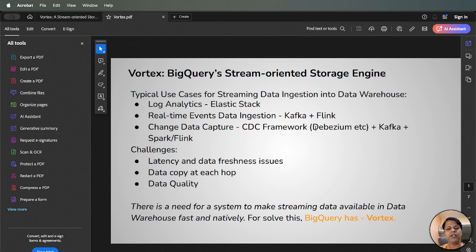Spark or Flink together. Okay, so if the organization needs the change data to be captured in real time but ingested in batches, then the framework would look like CDC based on Debezium.